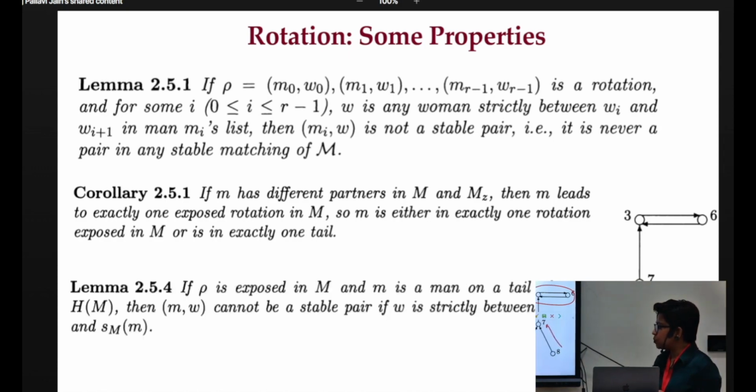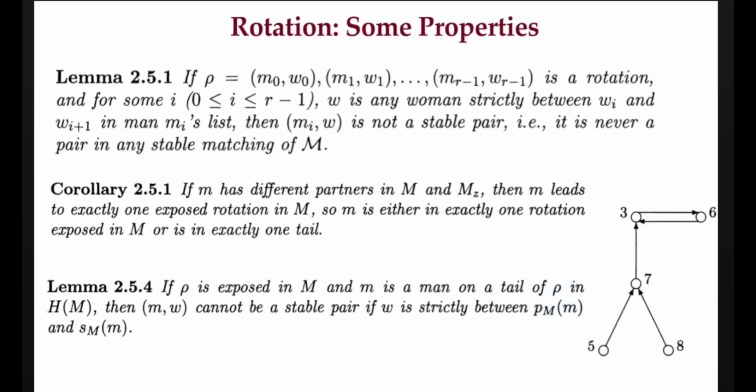If rho is exposed in the matching mu and m is a man on a tail of rho in this Hasse diagram, then this pair m comma w cannot be a stable pair if w is strictly between the matched partner of m and the successor of m.